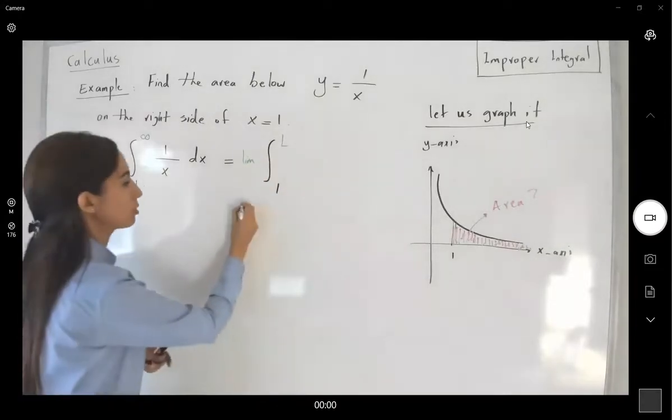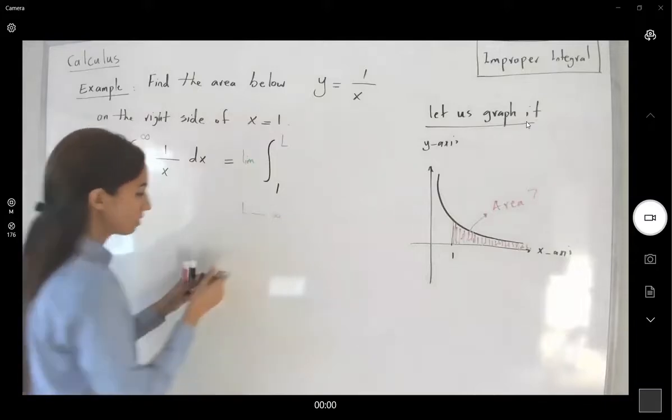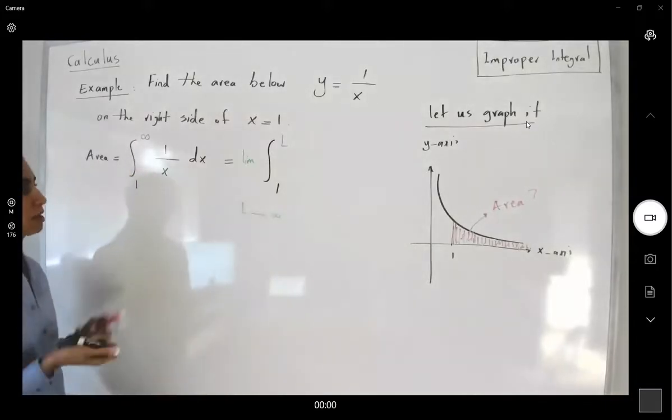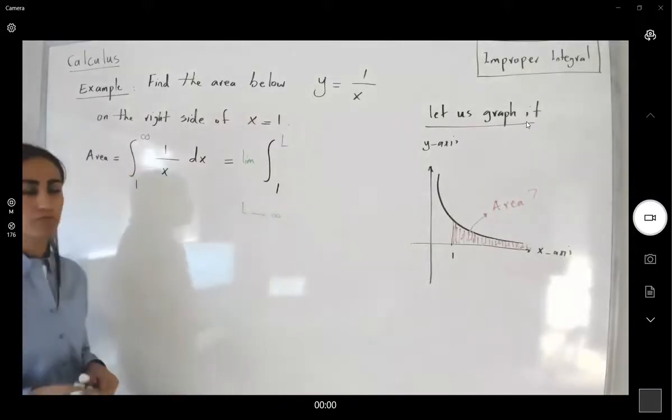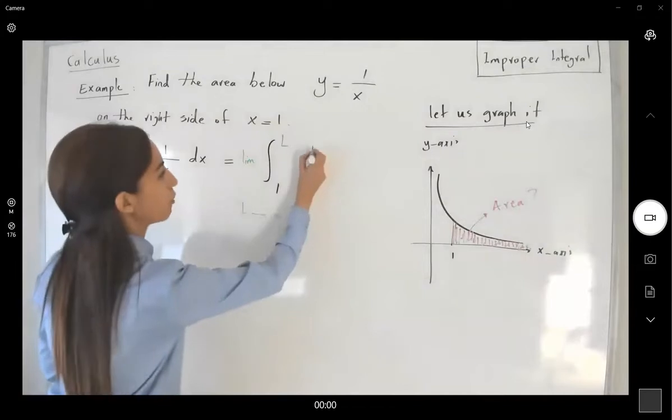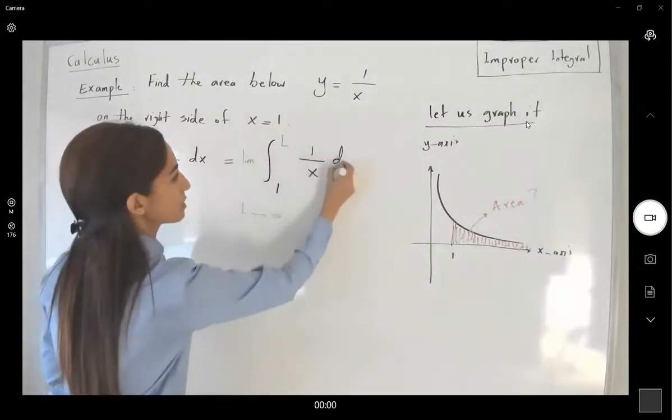This is just a variable. L goes to infinity, so it's not important to use one variable. L, T, different variables. 1 over x dx.